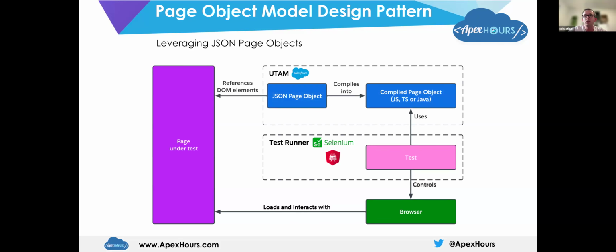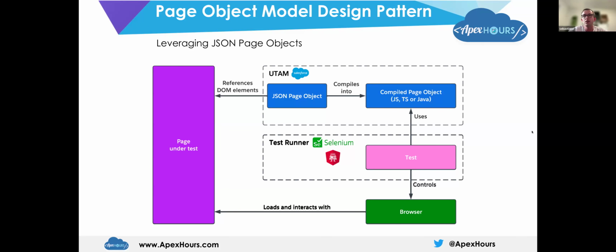And instead of targeting specific CSS selectors directly in your test code, you will reference these so-called page objects. A page object in the end is just a JSON-based representation of a given UI element that Salesforce provides you with. Or you can, of course, also create your own page objects for your own custom UI implementations.